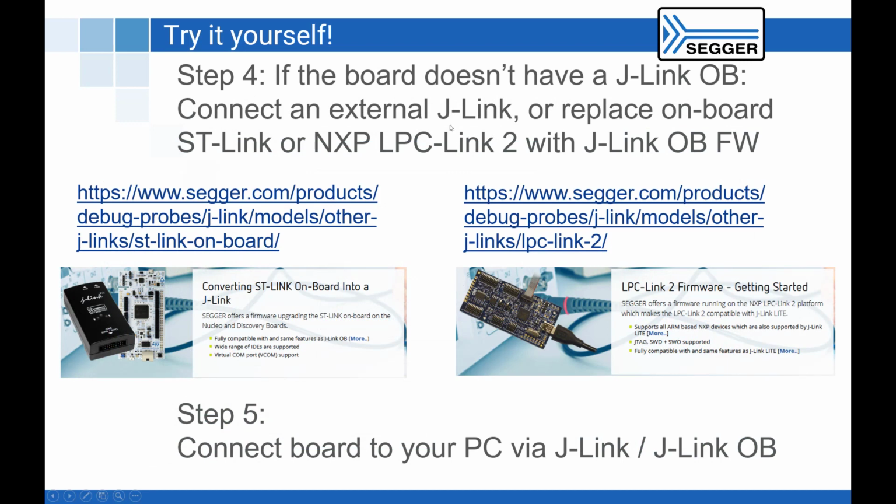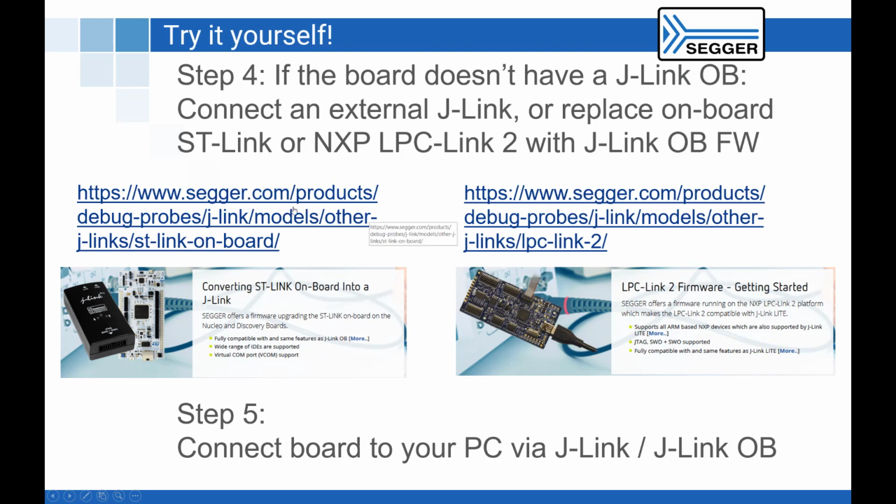So the next one, of course, is the debug probe. So either if your board has a J-Link OB, then you're fine, obviously. If not, then you need to connect an external J-Link. Or if your board, for example, has an ST-Link or an NXP LPC Link 2, then you can actually replace those firmwares with a J-Link OB firmware.